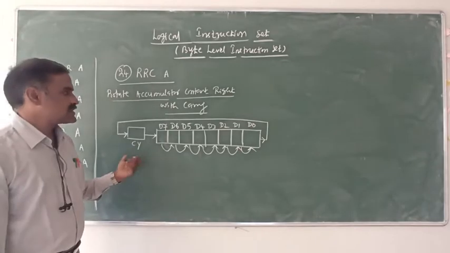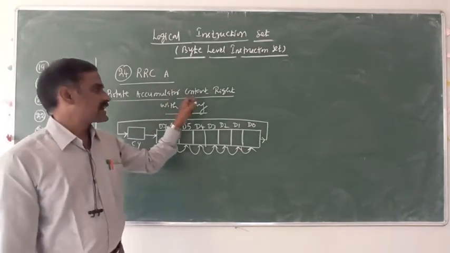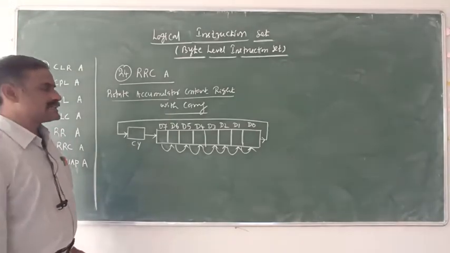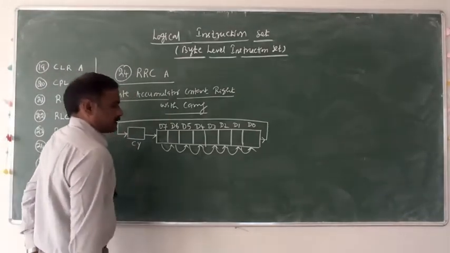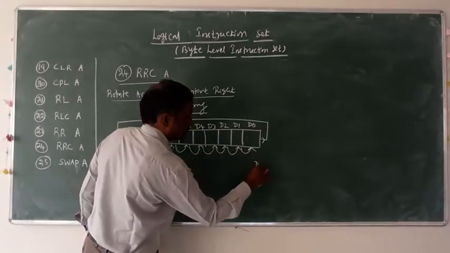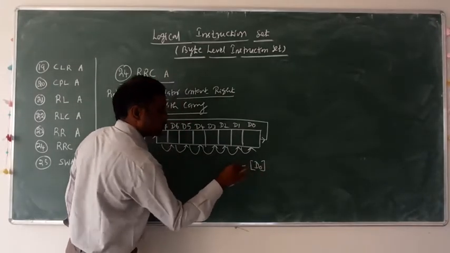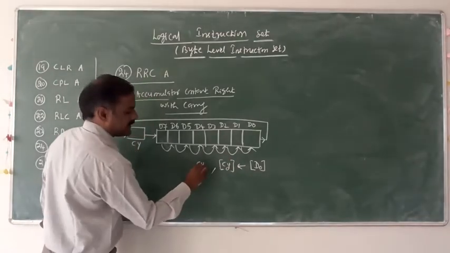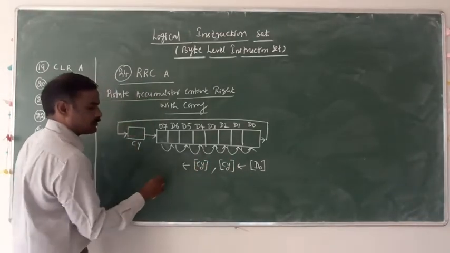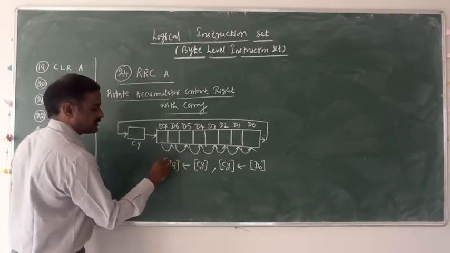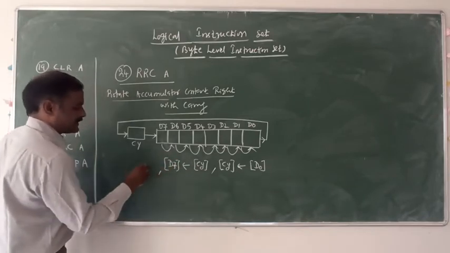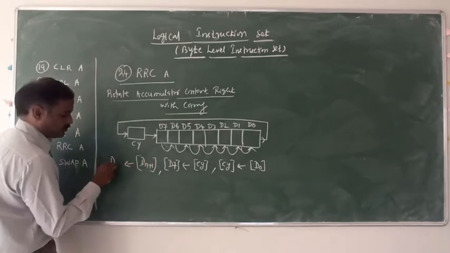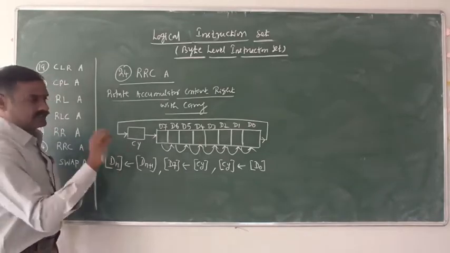This is the operation of rotate accumulator content right with the carry status. Okay. Now the D0 bit position data moves to carry, and then the carry data moves to D7 position. Okay, and then Dn plus 1 position data moves to Dn position.